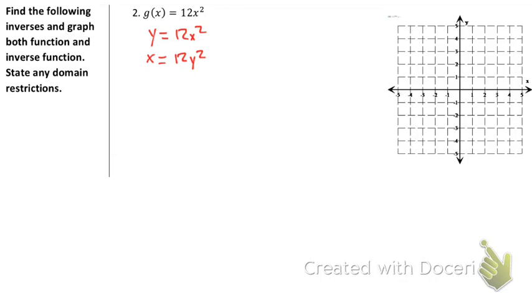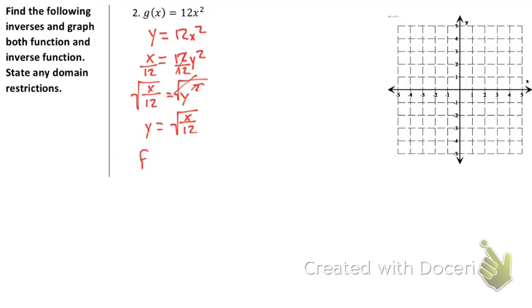Now solve for Y. So I want to divide by 12. And then we want to get rid of the power of 2, which means we square root it.